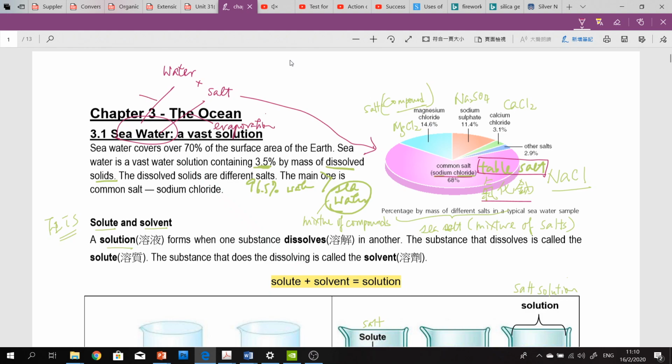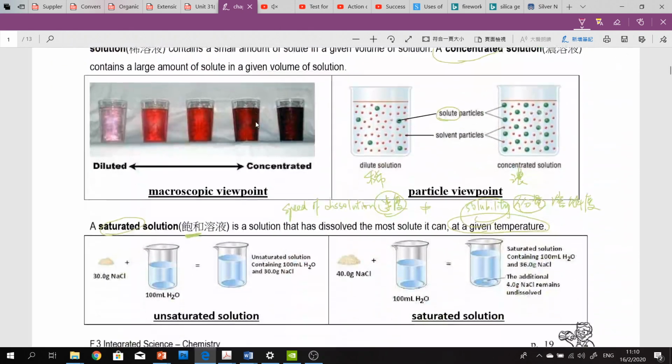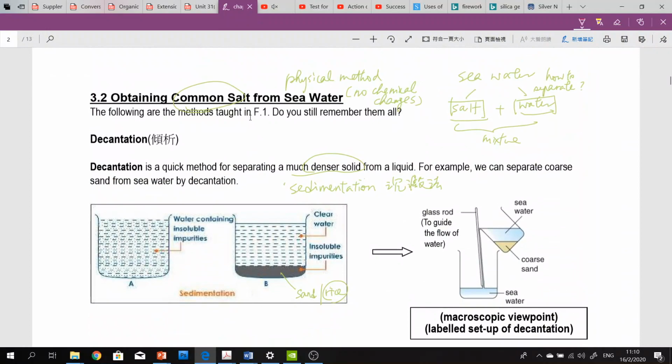And if you want to get water from seawater, it is by simple distillation. Both of the methods are physical methods, with no chemical changes.